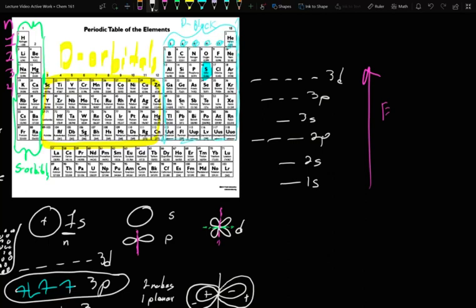However, as you balance all the nodes and the types of nodes out, a 3d has 2 nodes, both of them planar. A 4s has 3 nodes, but all of them are radial. It ends up that 3 radial nodes is actually slightly lower in energy than 2 planars.